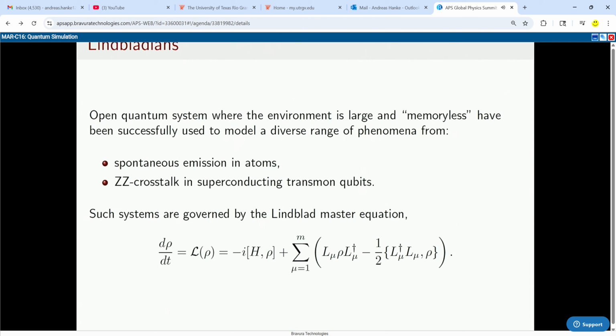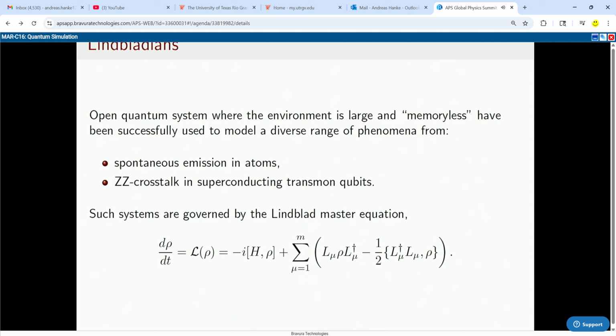And given such an open quantum system model, this model is described by what is called the Lindblad master equation, which relates the time derivative of the state of the system to a superoperator acting on the system called the Lindbladian. And the Lindbladian in general can be decomposed into two different parts. The first part of which is just our good old familiar von Neumann equation for a closed quantum system.